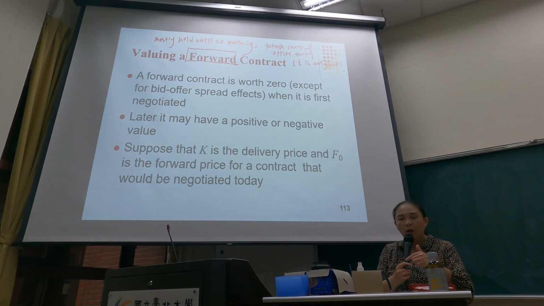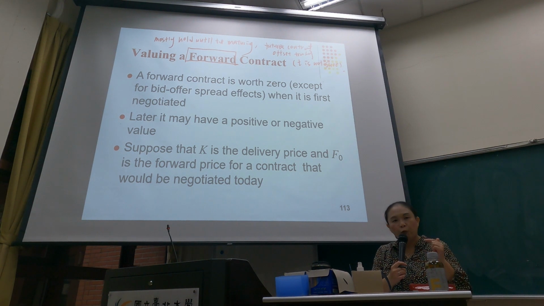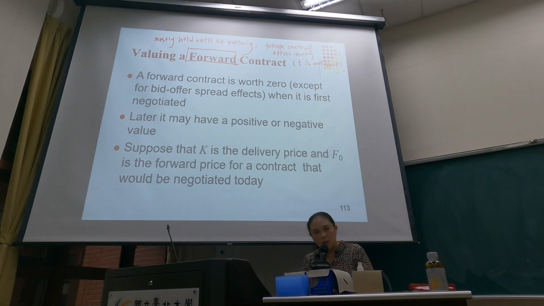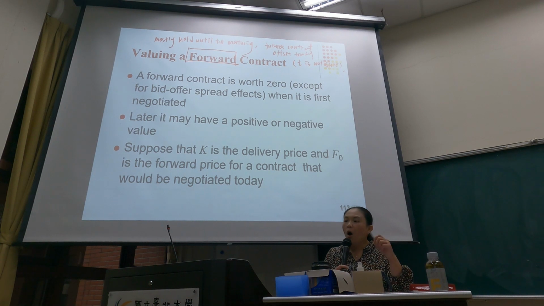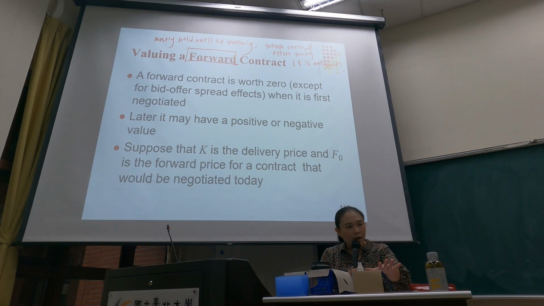Okay, so this formula is particularly available for the forward contracts. Secondly, remember what I said at first, trading of futures and forwards is a zero-sum game, right? So the value of the long forward and the value of the short forward are opposite as well. So if you are the long forward owner, you are the buyer, and after computing, your forward is worth $10, then if I'm your counterparty on the short forward, that means I'm losing $10.